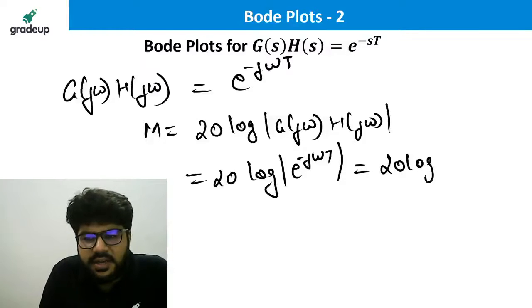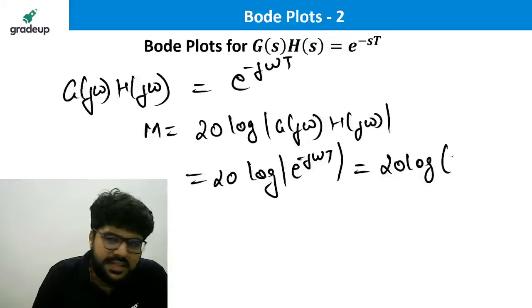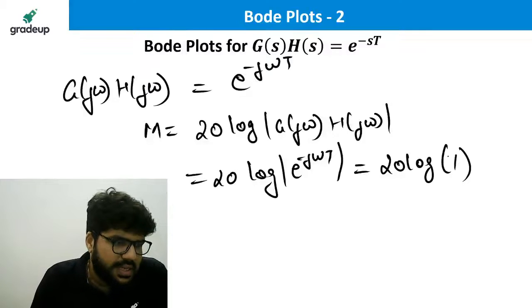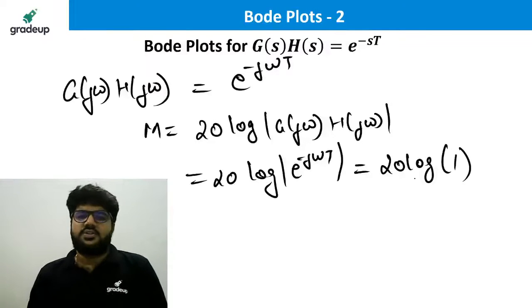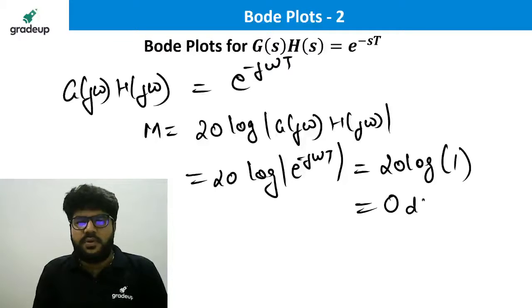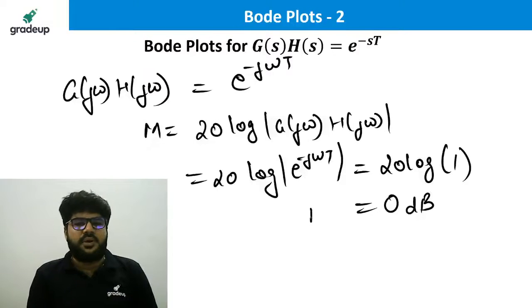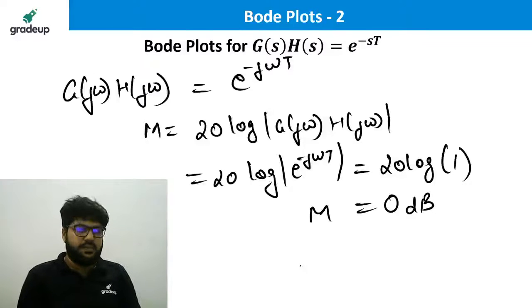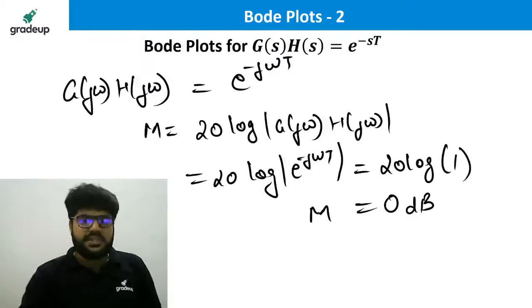And as already discussed, what is mod of e power j theta? That is always 1, cos theta plus j sin theta. So 20 log 1, and magnitude is 0 dB. So there is no magnitude effect of this term. In decibel it is 0 dB.